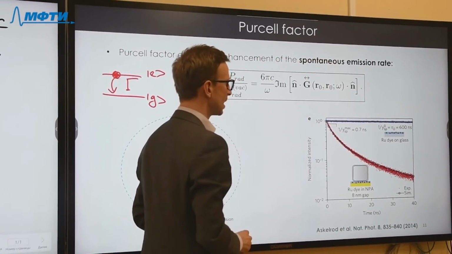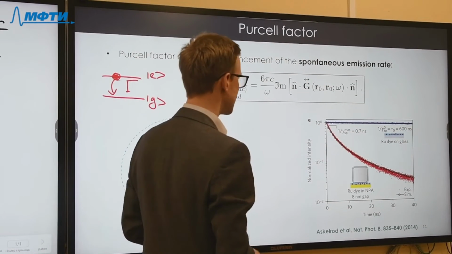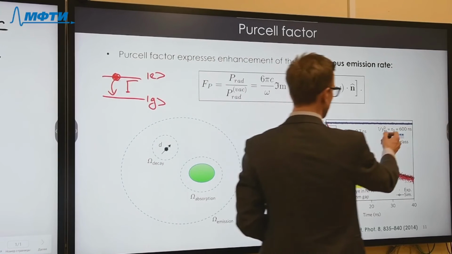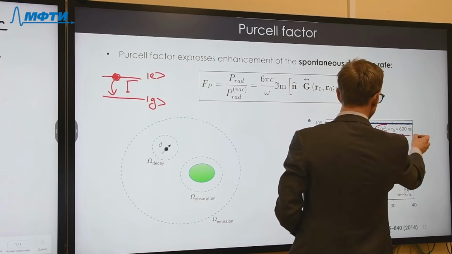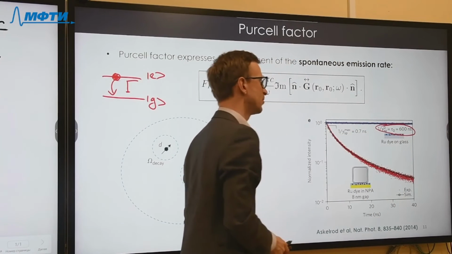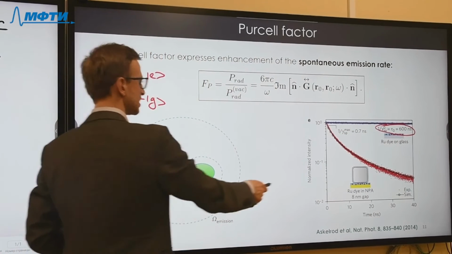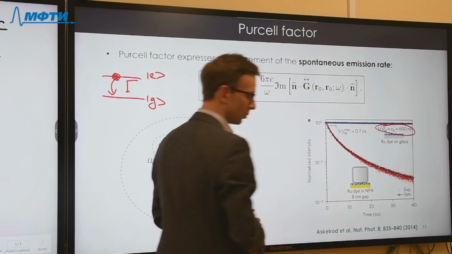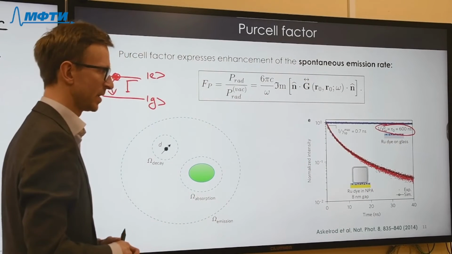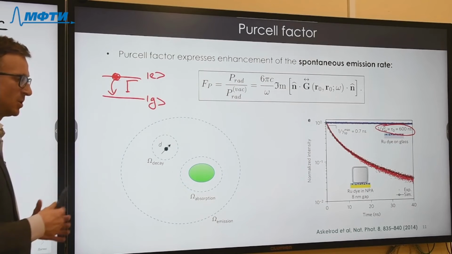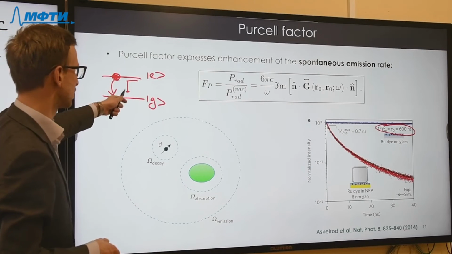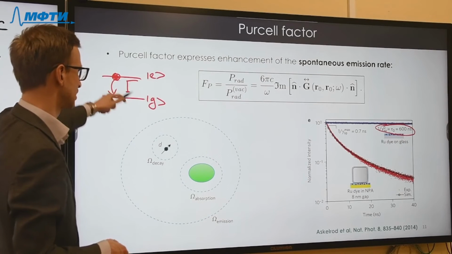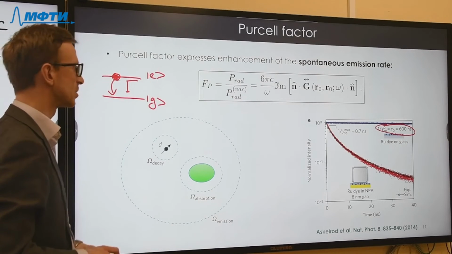So, for example, if our organic dye in free space decays with a very, very low rate and it has a very long lifetime, by placing this quantum emitter close to another antenna, we modify the emission intensity and thus we modify the emission rate, gamma, the rate of this process of decay from the excited to the ground state.